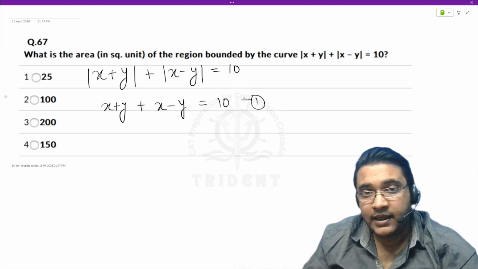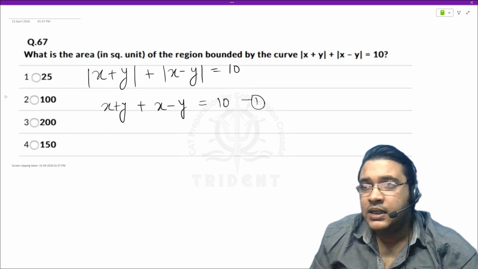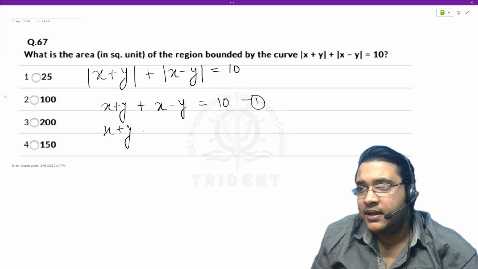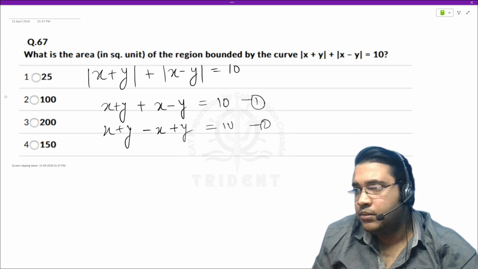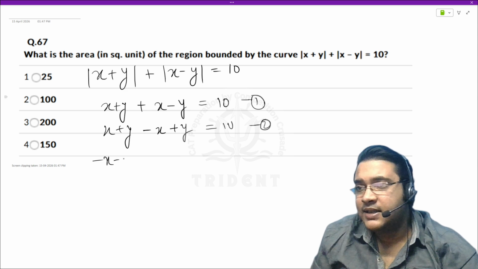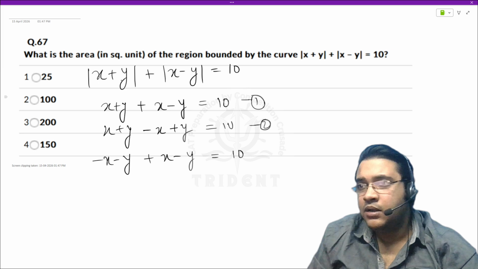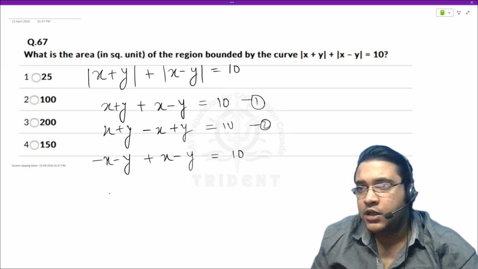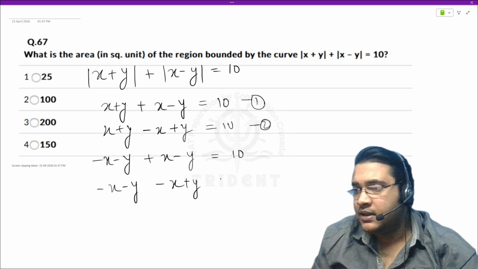This will give me a line. Now this one is plus and this one is minus, so x plus y minus x plus y equals 10, equation 2. Again, minus x minus y plus x minus y equals 10. That is minus plus, and the final one would be minus minus: minus x minus y minus x plus y equals 10.